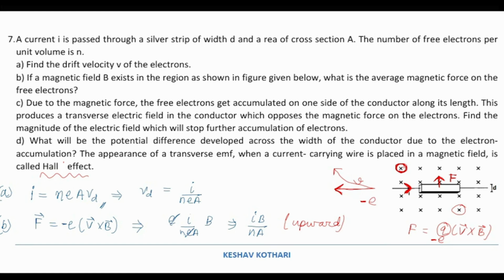Now the next part, the question is saying, due to the electron accumulation on one side of the conductor along its length, a transverse electric field is produced which opposes the magnetic force on the electron, thereby stopping further accumulation. I mean to say that the deflection of the charged particle is prevented because of the presence of both magnetic and electric fields.